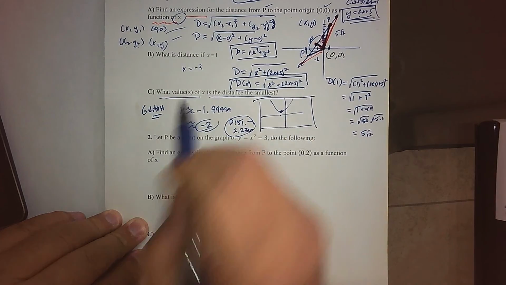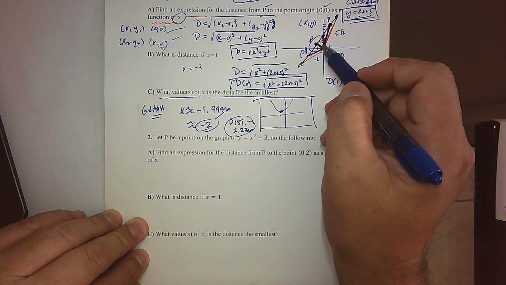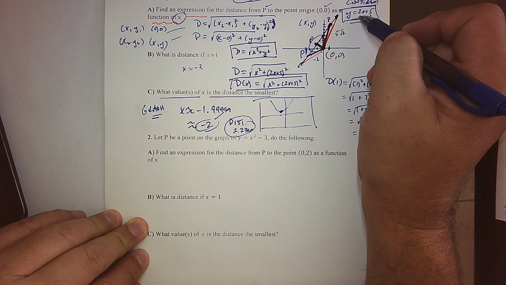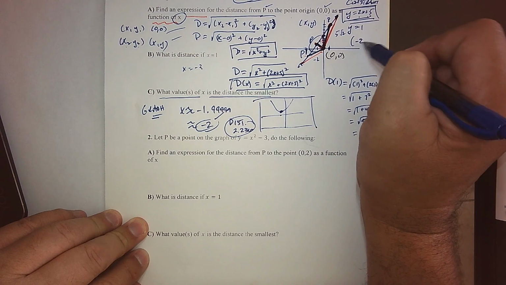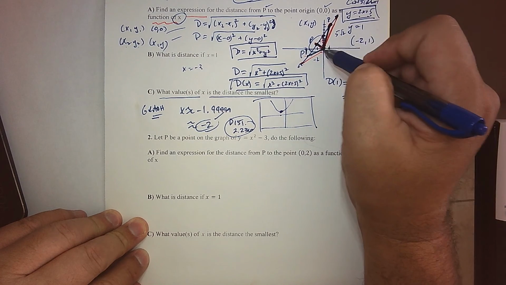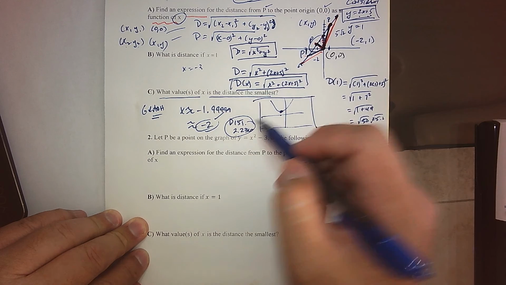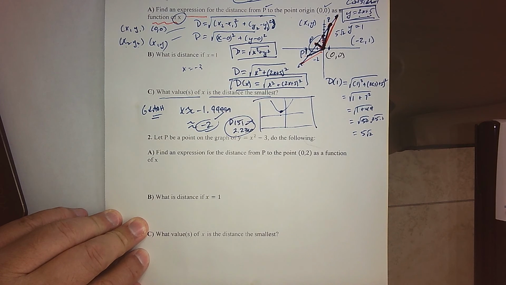So not only do I know the location on the graph, x equals -2, I can even find my y value. I think y is equal to 1. So at the point (-2, 1), my graph is at its minimum distance, and it'll be basically 2.236 away.